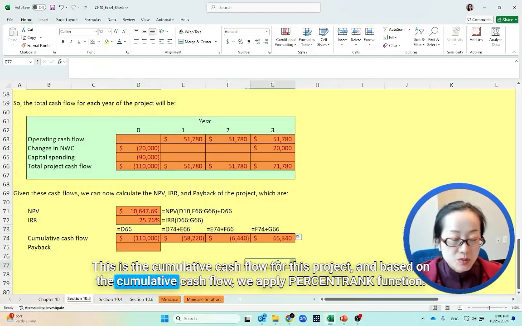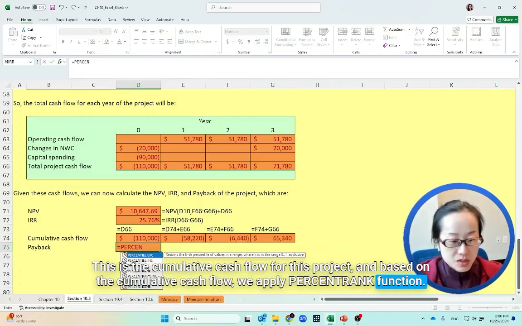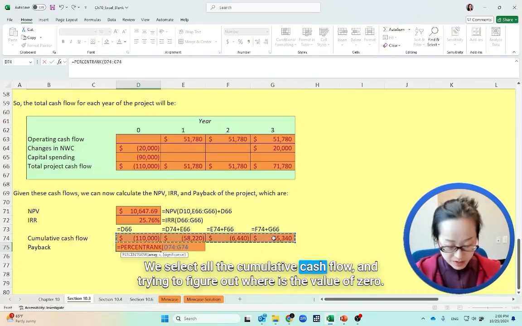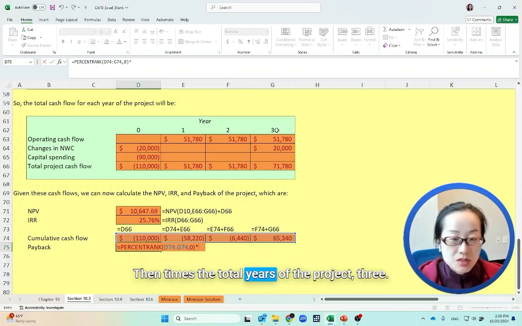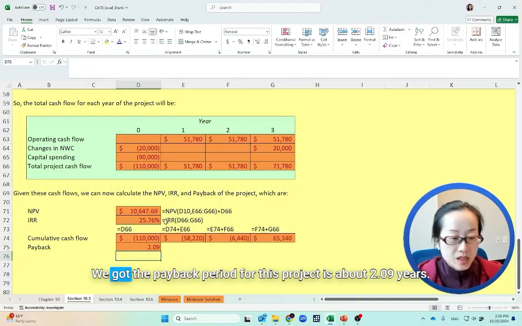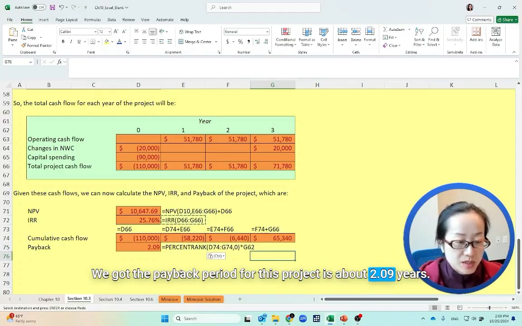Based on the cumulative cash flow, we apply the percent rank function. We select all the cumulative cash flow and try to figure out where the value of 0 is. Then times the total years of the project, 3, we get the payback period for this project, about 2.9 years.